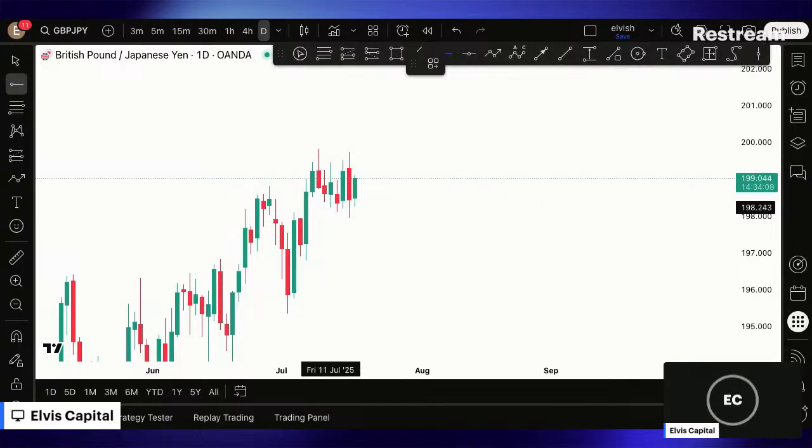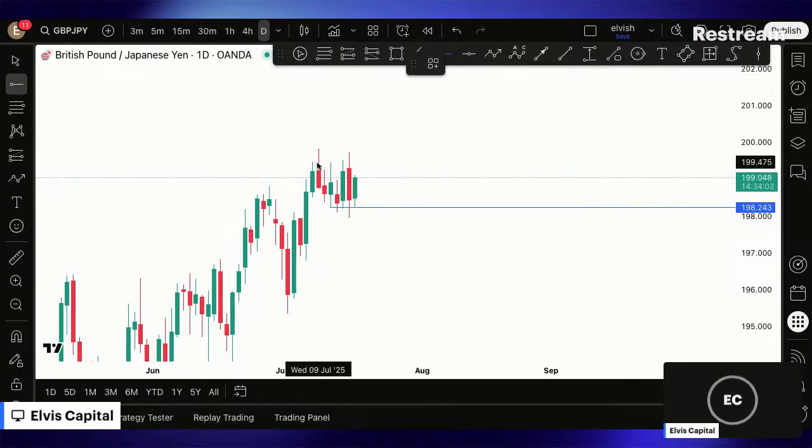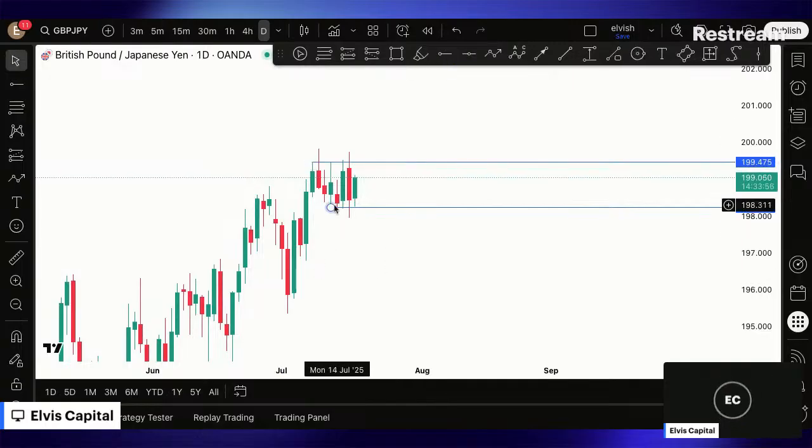I think I will consider this low over here because all of the price action is taking place within these levels. All of these candles tried to breach, but closed within the level.